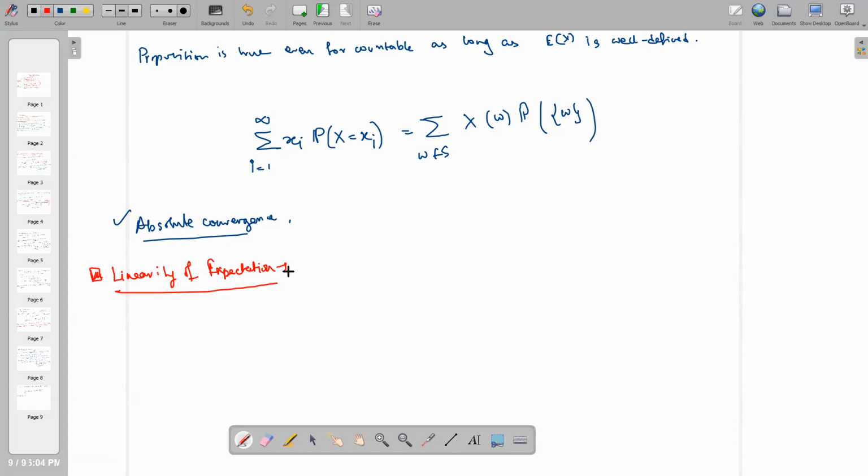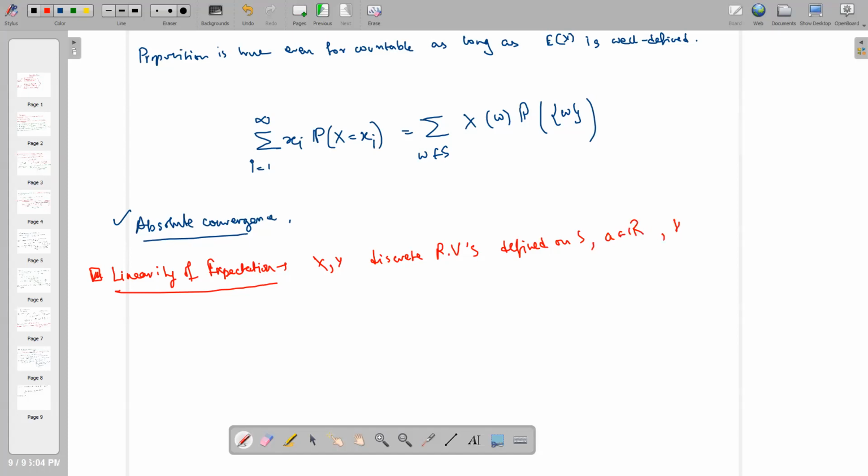If X and Y are discrete random variables defined on a sample space S, so X and Y are discrete random variables, I'll write RVs from now on, defined on S, the sample space, and a is an element of the real numbers.